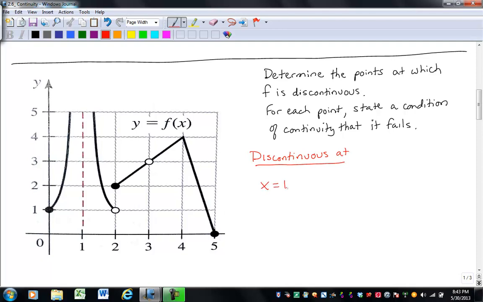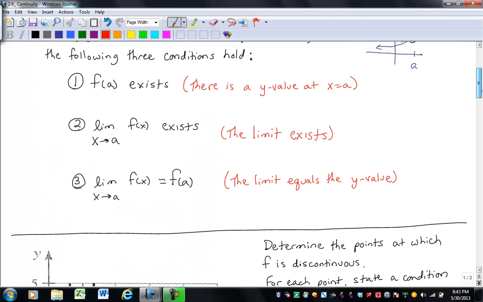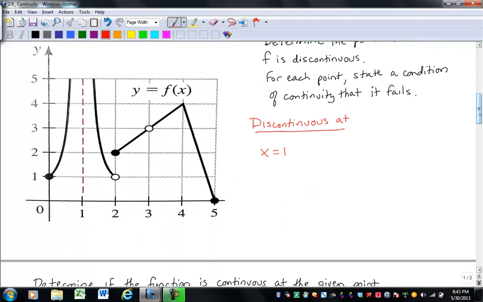Well, now I got to figure out why. The first condition says there is a y value. When I look at x equals 1, I say, is there a y value here? There cannot be, because that's a vertical asymptote at x equals 1. So no y value can exist.